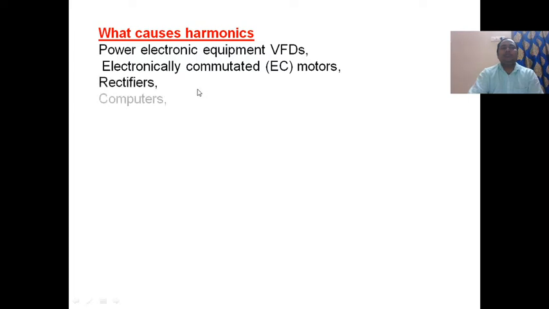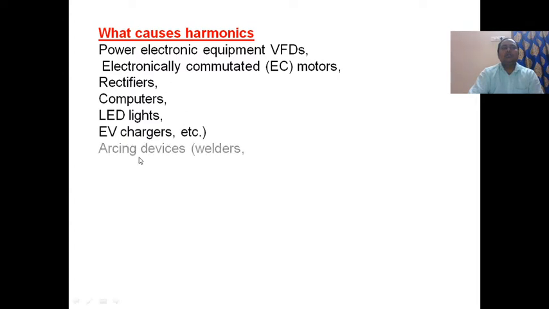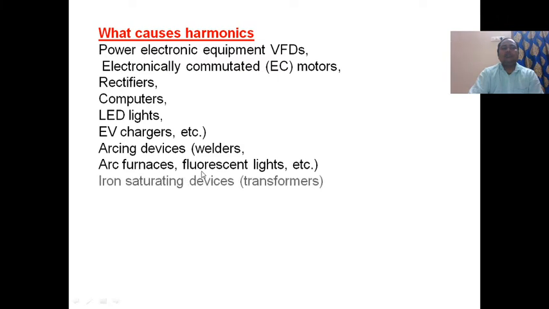Then rectifiers, computers, LED lights, EV chargers, and arcing devices. Arcing devices are welders, arc furnaces, fluorescent lights, etc. Iron saturating devices, that is the transformers, also cause harmonics.